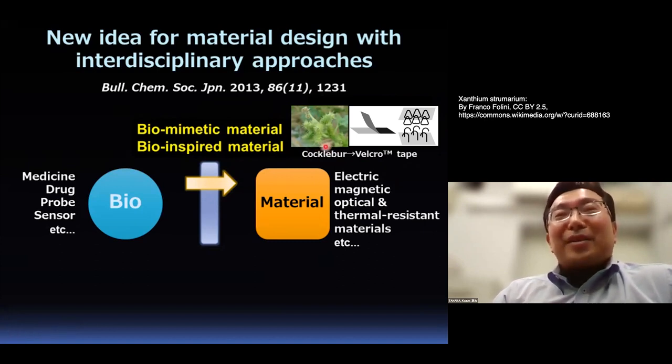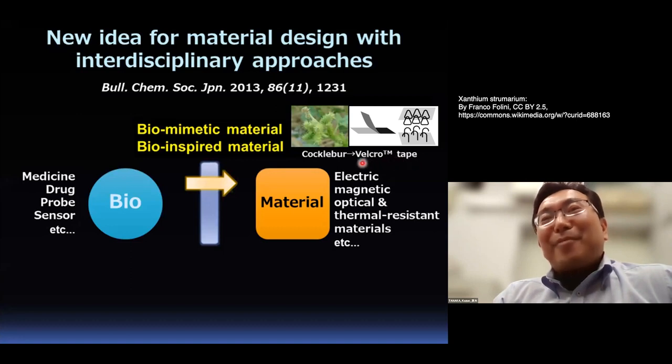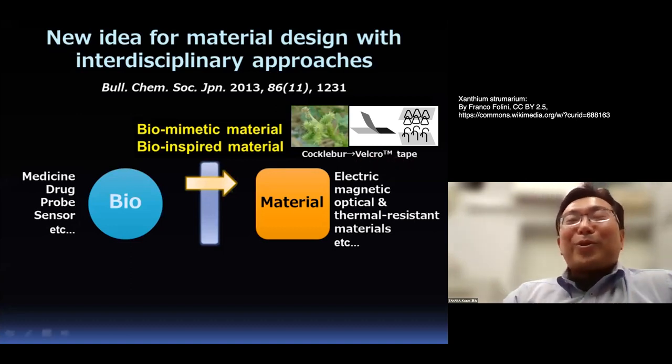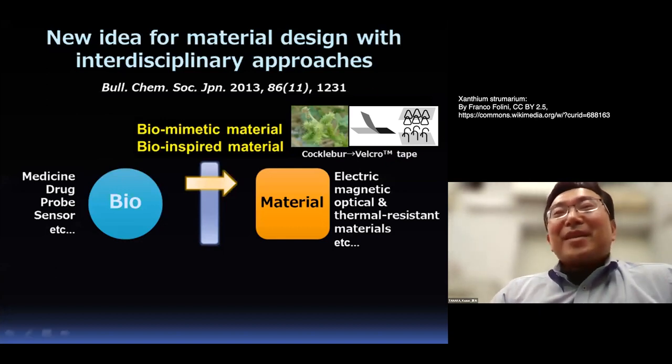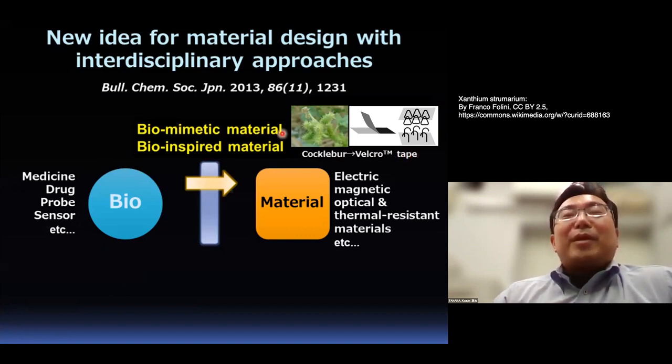Based on this plant, we can obtain this kind of tape, named Velcro tape. We call it magic tape in Japanese. Anyway, it is a typical example, and there are many kinds of biomimetic materials, and there are several national projects in Japan on the development of biomimetic materials.